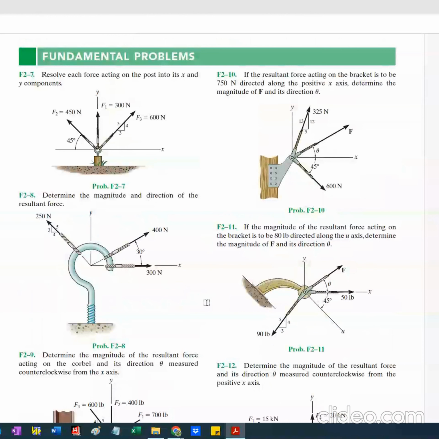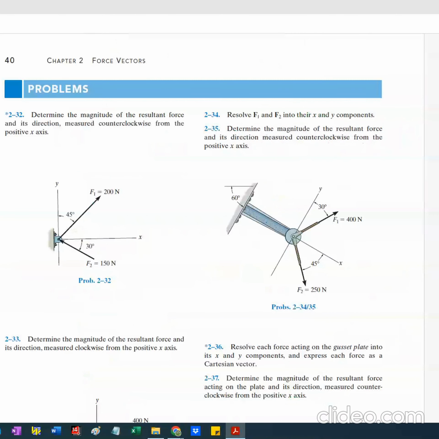There are too many of them to cover in class. And he has some with a star, meaning those ones do not have an answer at the back of the book. Most of his problems have an answer at the back of the book.